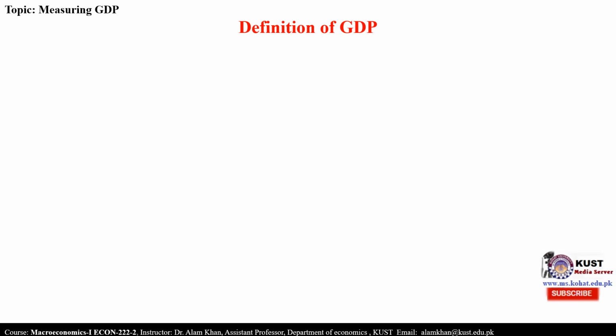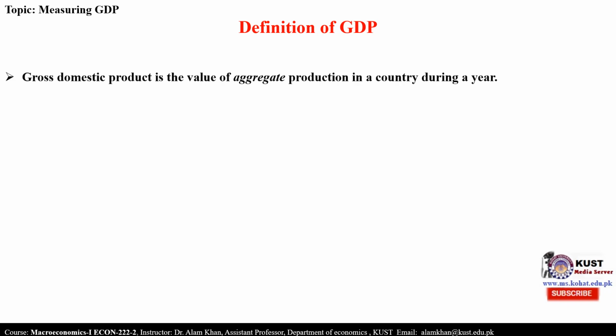Definition of GDP. As we know, GDP stands for gross domestic product, which means that it is the value of the aggregate production in a country during a year.